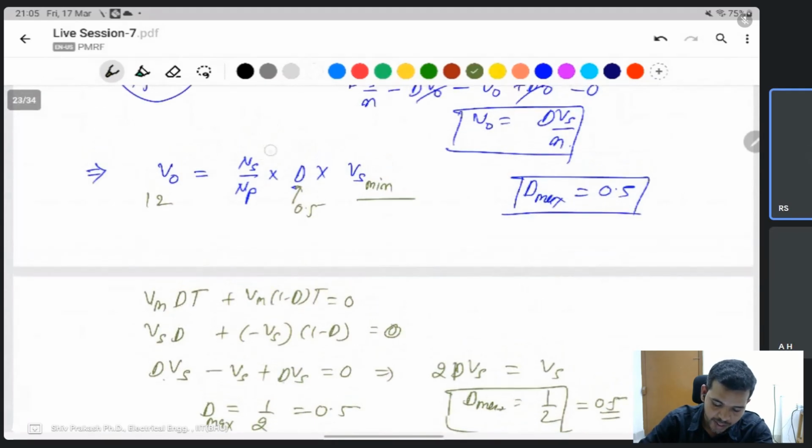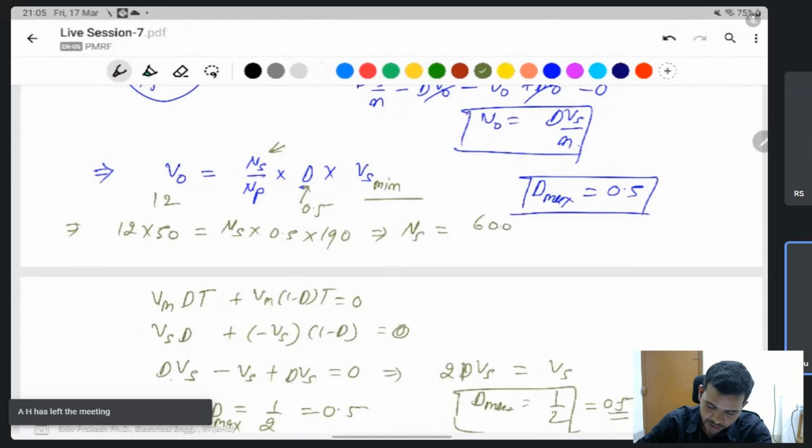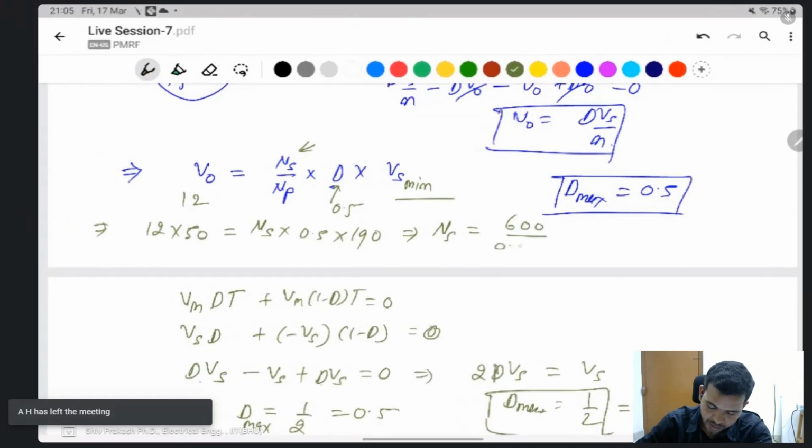Then what value do you have for Ns? You can find Vout is 12, Np is given as 50, Ns you have to find, D is 0.5, Vmin is 190. Then find the Ns value. So 600 divided by 0.5, I can take 0.8, 0.5 into 190.